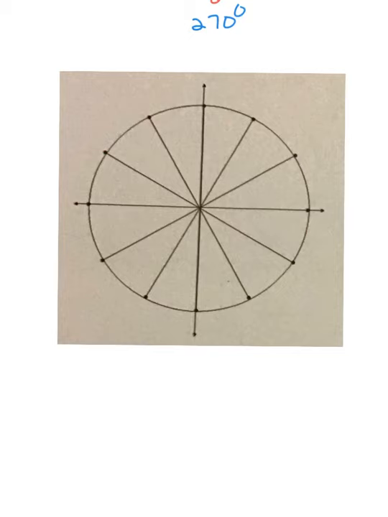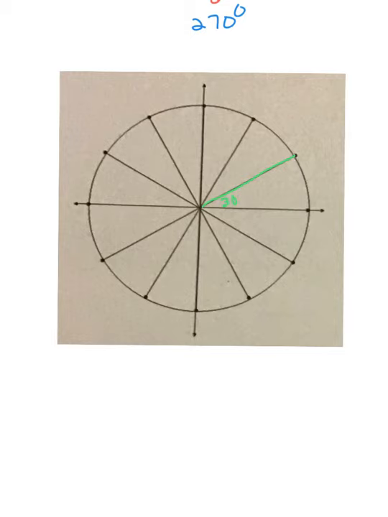Now that we know how each of those lines would be labeled, I want to go back to this figure again and look at this first triangle that we could create. If we use this first line, which we just said was 30 degrees, then this angle is 30 degrees.